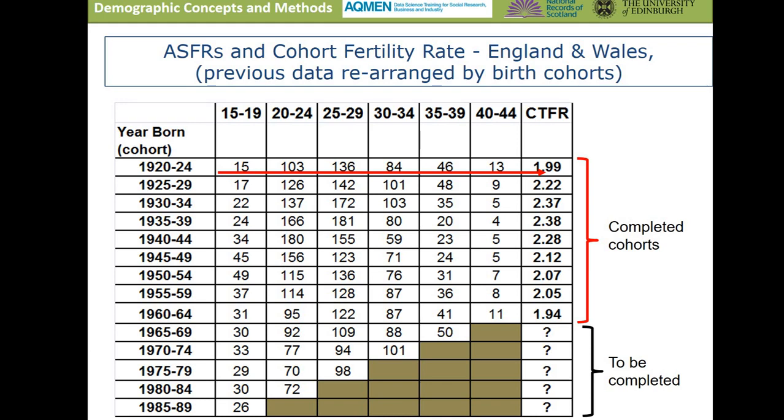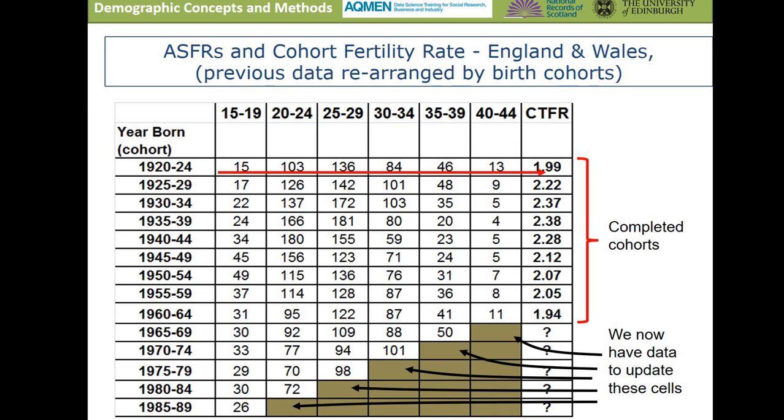Some cohorts have progressed through the ages at which they're likely to have children. But we have some cohorts who have not yet completed their childbearing ages. And so for these cohorts, we can't calculate a cohort total fertility rate. We could estimate the data, however, for some of these older ages in order to generate an estimate of the cohort total fertility rate.